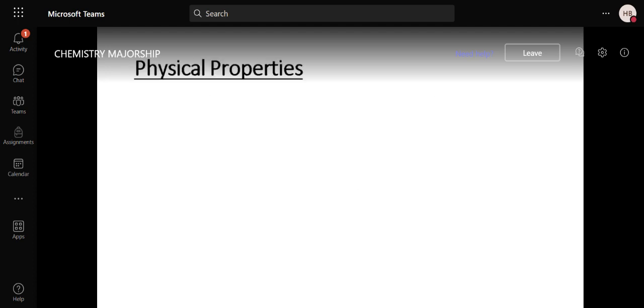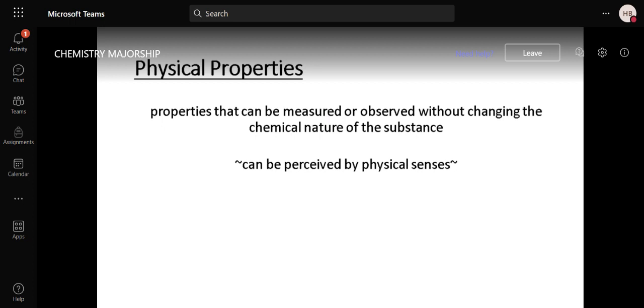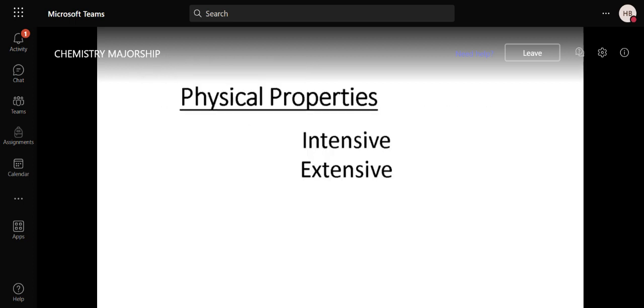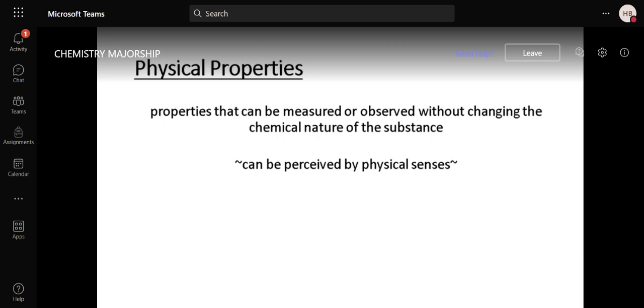Alright, for example, take note, you can perceive these by your physical senses. What are your physical senses? Your sight. Can you see color? Yes, so color is a physical property. Can you see the height? Yes, so it is a physical property.